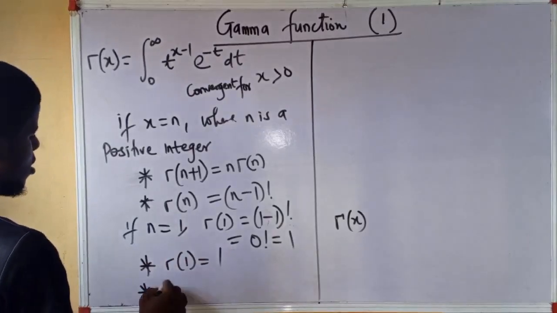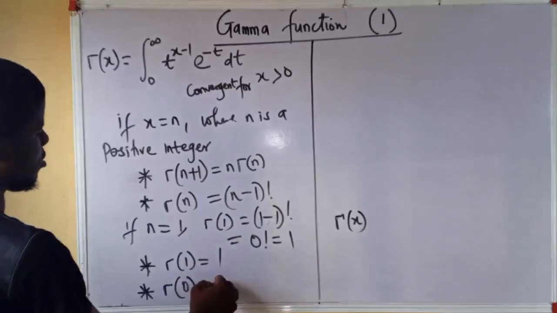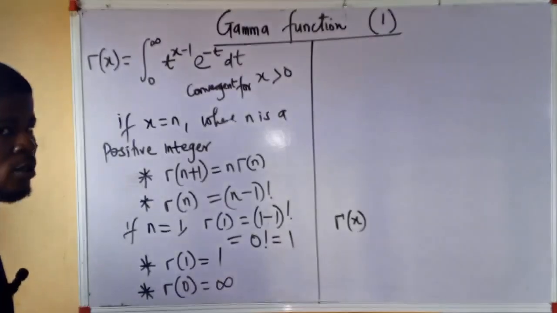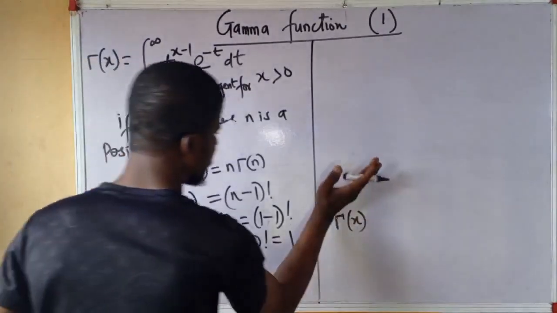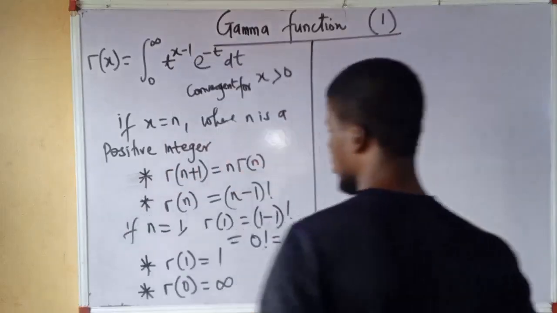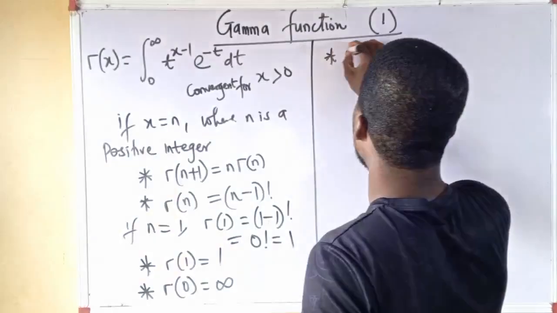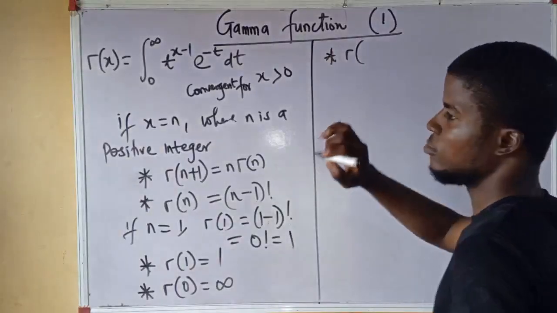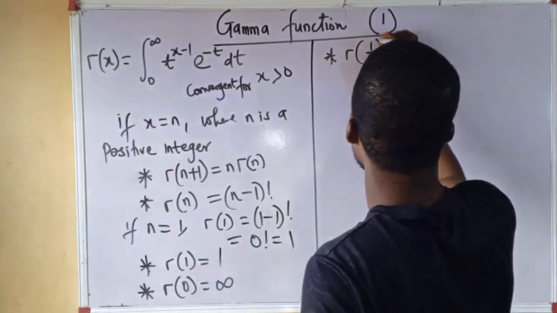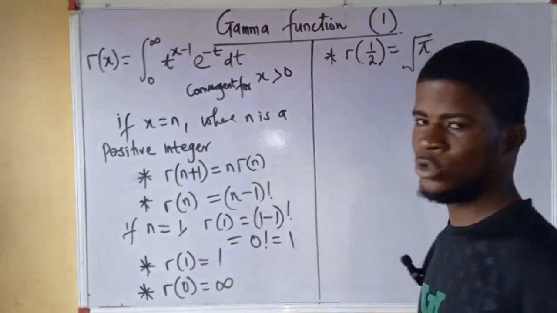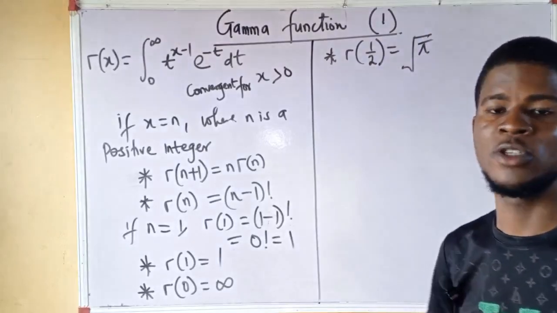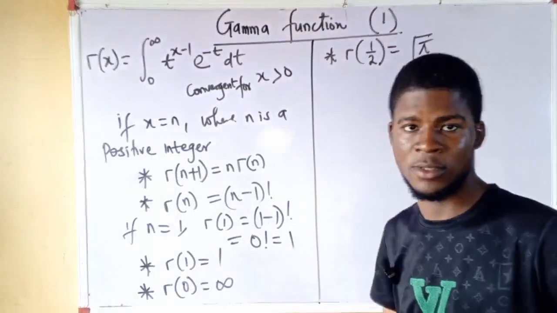Take note, gamma of 0 is infinity. There's a proof for that. The gamma of 1 over 2 is the square root of pi. So take note of all of this because we're going to make use of them to solve problems later.